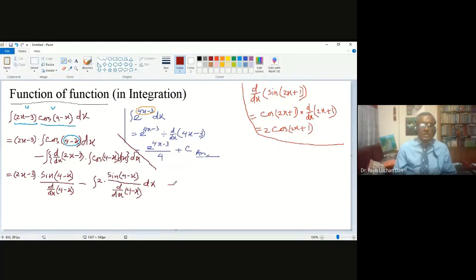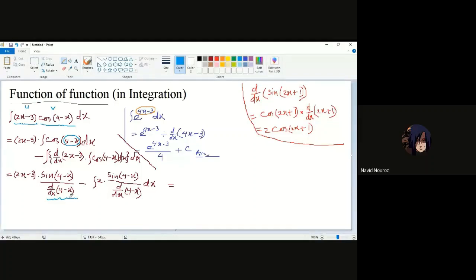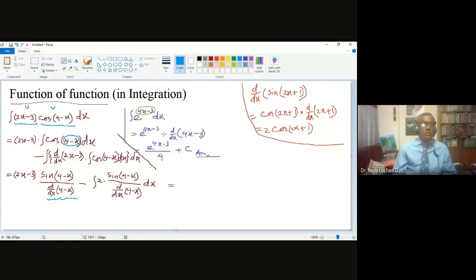Move to the next line. So think about d/dx of 4 minus x. What is the d/dx of 4 minus x? It is minus 1, not 4. For 4 it is 0, for minus x it is minus 1. That's it.